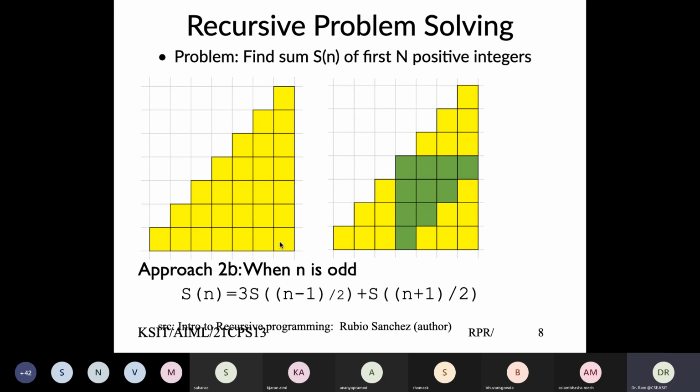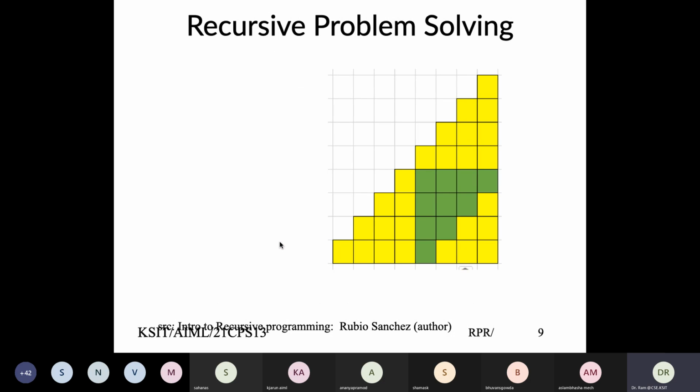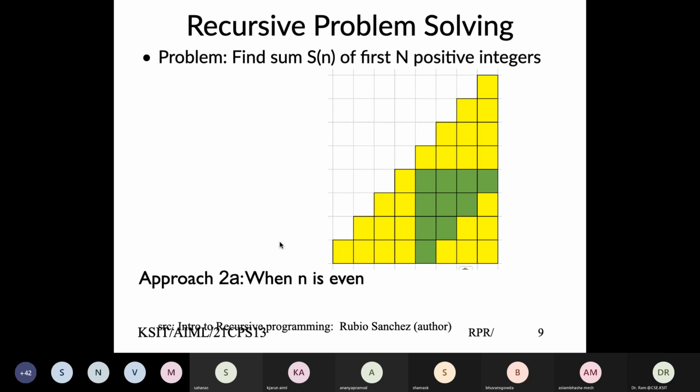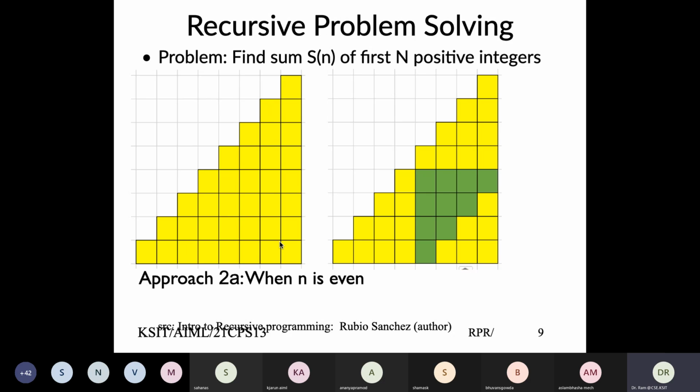The same thing holds true when n is even. Let's look at that part. If we look at n is even, say n is 8, again we divide it into 4 subproblems of sizes 4, 4, 4, and 3.